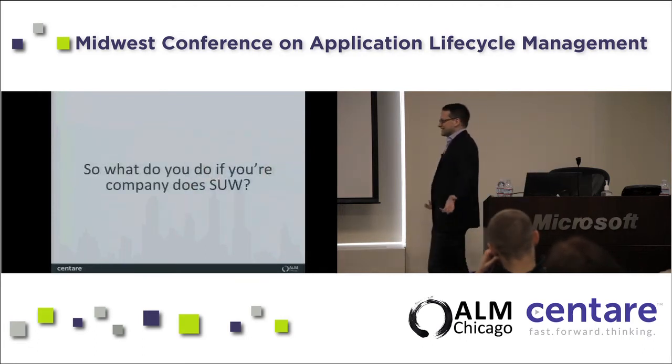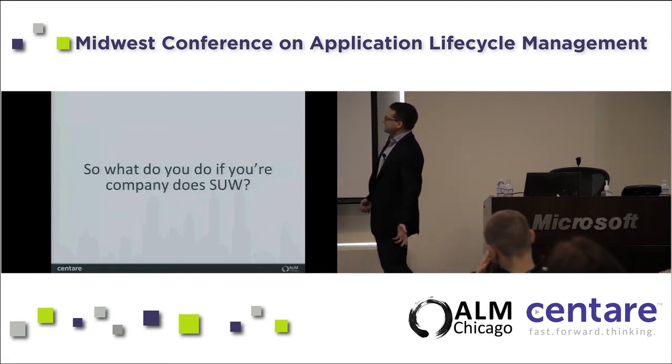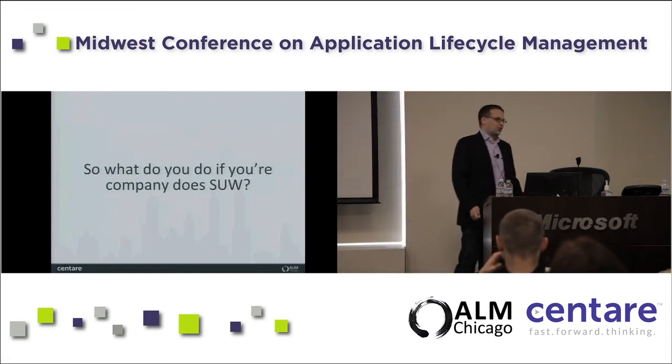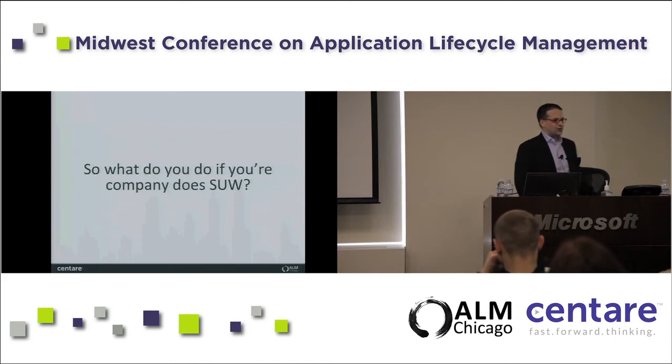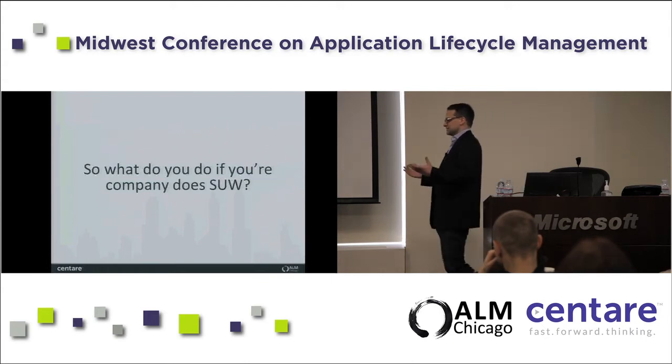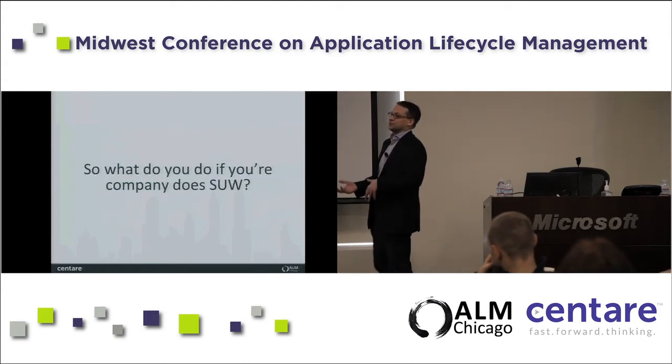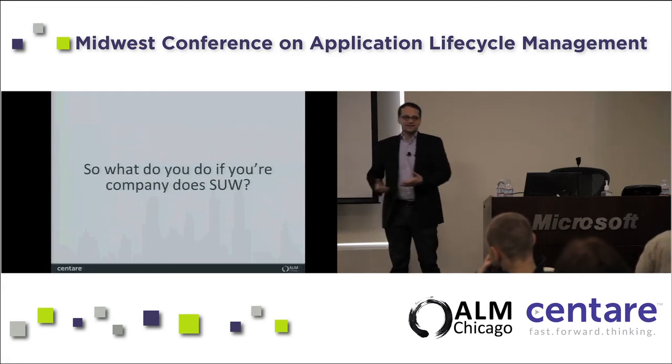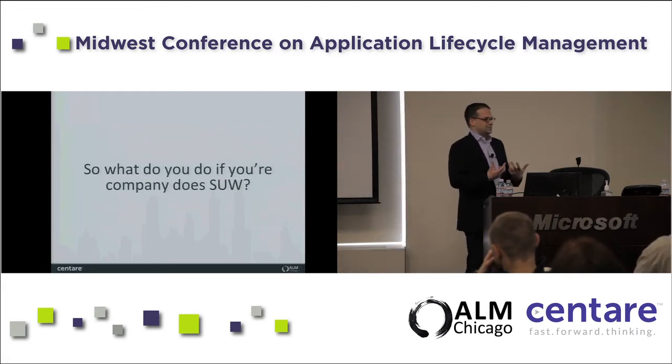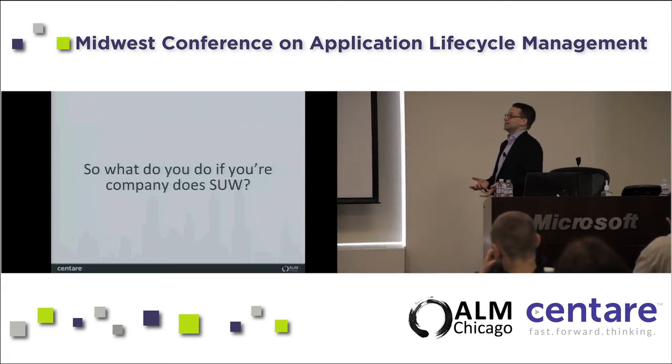Which goes into the next thing of, if your company is thinking of doing Scrum under a waterfall or is already doing Scrum under a waterfall, what are your options? Right? As developers, it tends to work out that developers are more Agile-centric. They like Agile because it really makes sense in our day-to-day job.